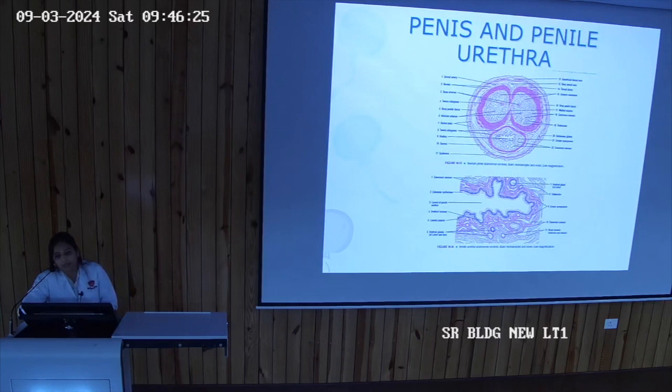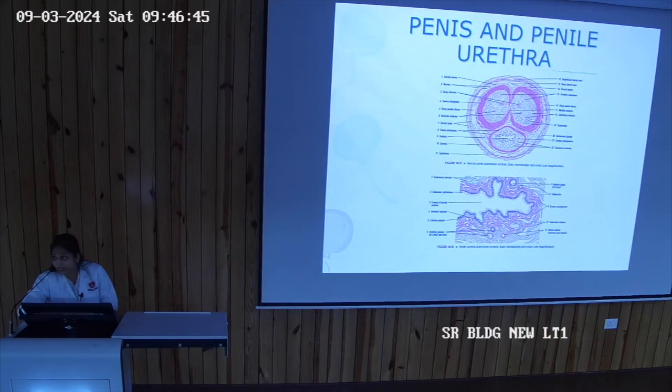So how does it happen? These cavernous spaces are surrounded by tunica albuginea. This tunica albuginea is thicker as compared to the tunica albuginea surrounding the corpus spongiosum. This is the sponge-like part, erectile tissue present interiorly.